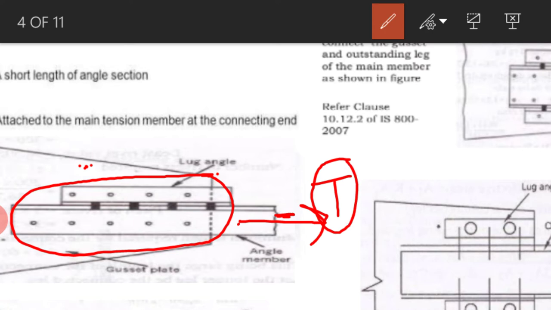When we calculate the number of bolts or the length of weld required, it is very large for making the connection, and the size of the gusset plate required may be uneconomical.